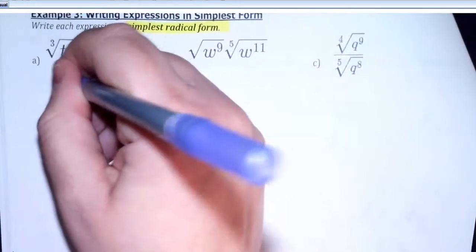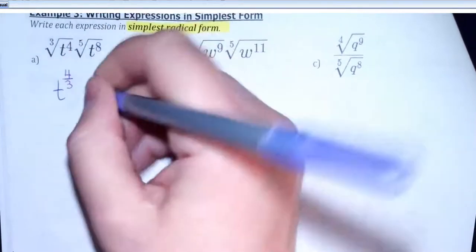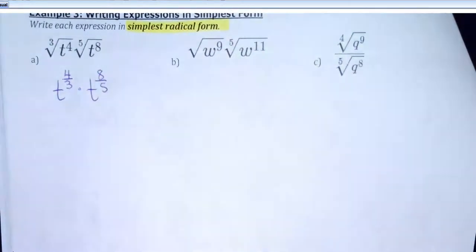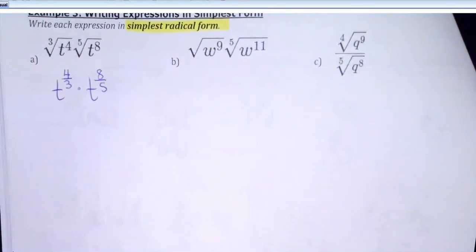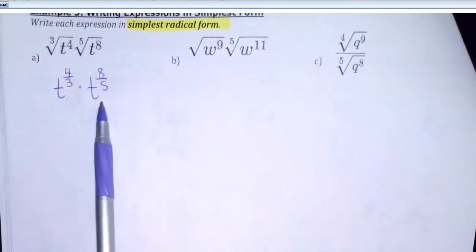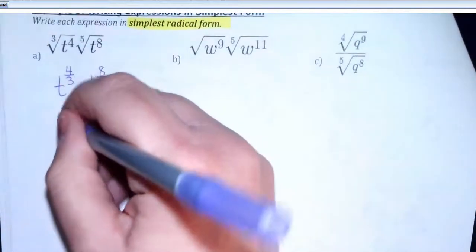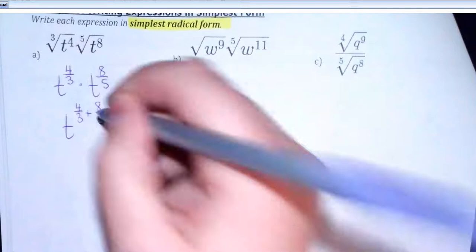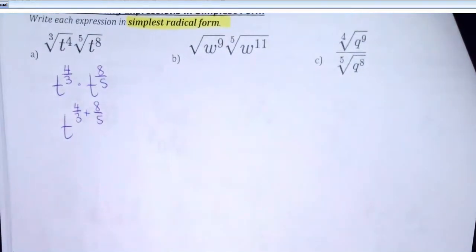So it'd be t to the 4/3 power times t to the 8/5 power. And then I can do this problem because I have like bases, they're both a t. If I multiply like bases, what we want to do is add the exponents together. The only tricky part to this is to add fractions together, we have to have a common denominator.